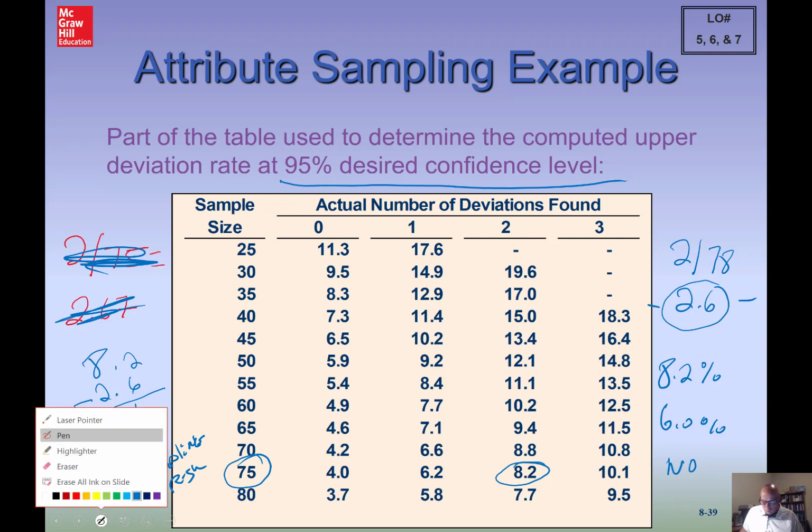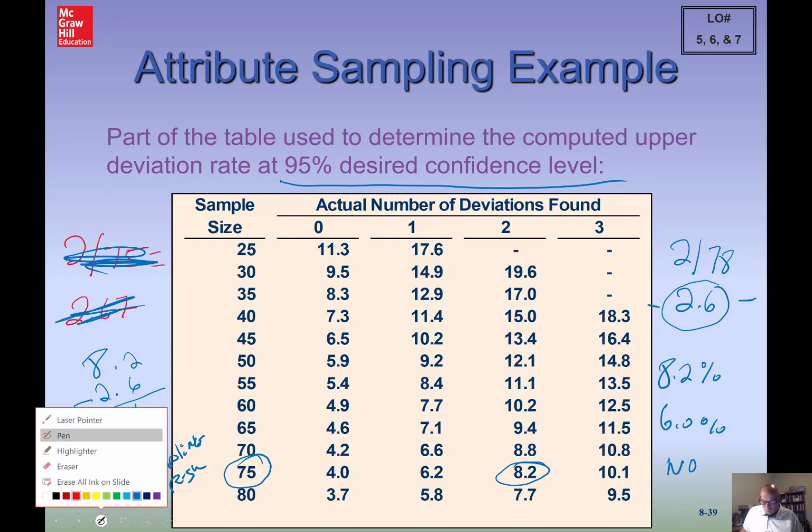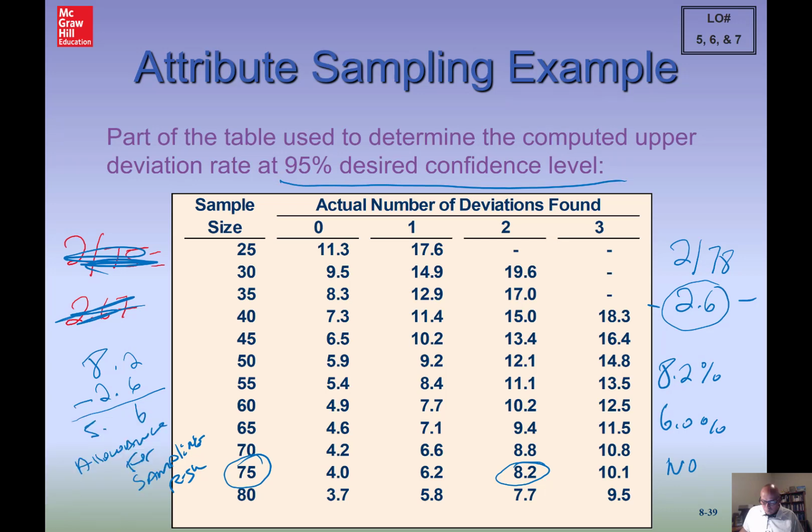Now, it is possible that we could have had a tolerable deviation rate of, say, 9%, just for kicks, although I doubt we'd even be doing this test at that level. But to keep this example alive, let's say we were willing to accept 9%.